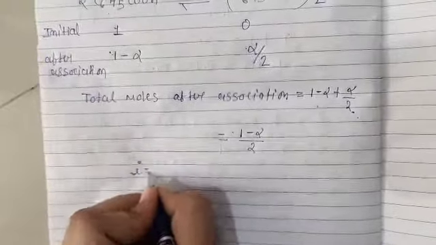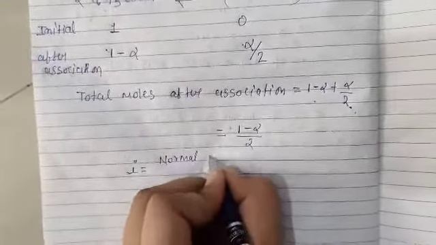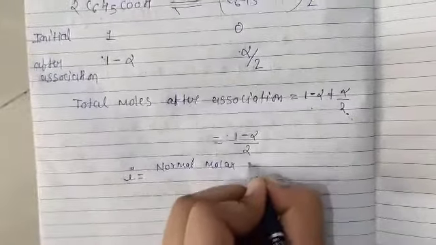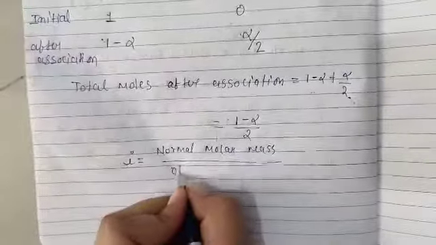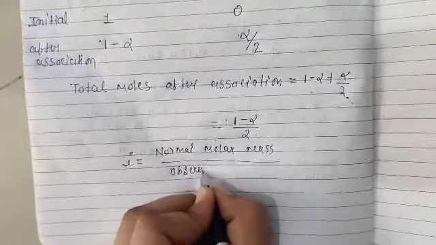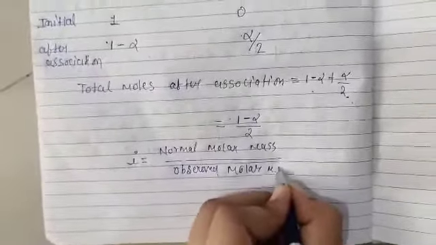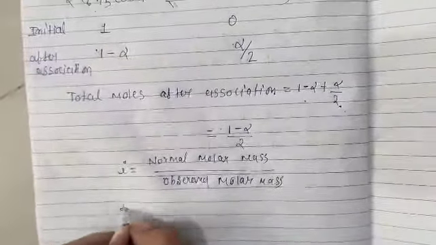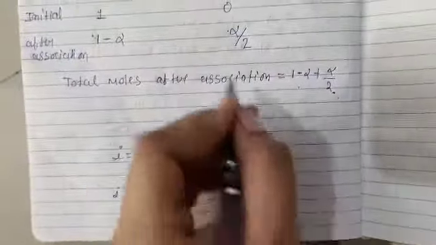I is equal to normal molar mass upon observed molar mass. What is the normal molar mass of benzoic acid?